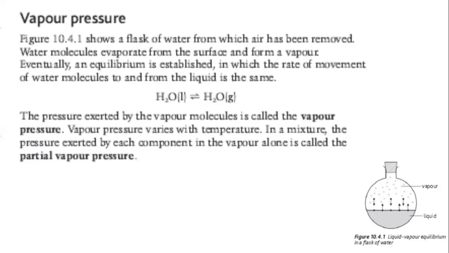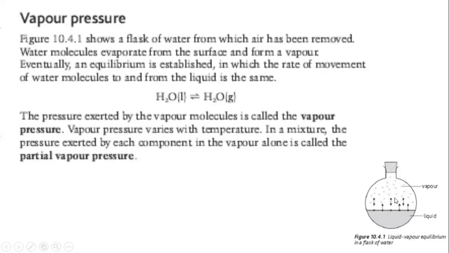Now, if you have a container that is shown on the screen like this, you will have the liquid in the container, but after a while, some of the liquid molecules that are at the surface of the liquid are going to escape the liquid phase and go into the gas phase or the vapor phase.